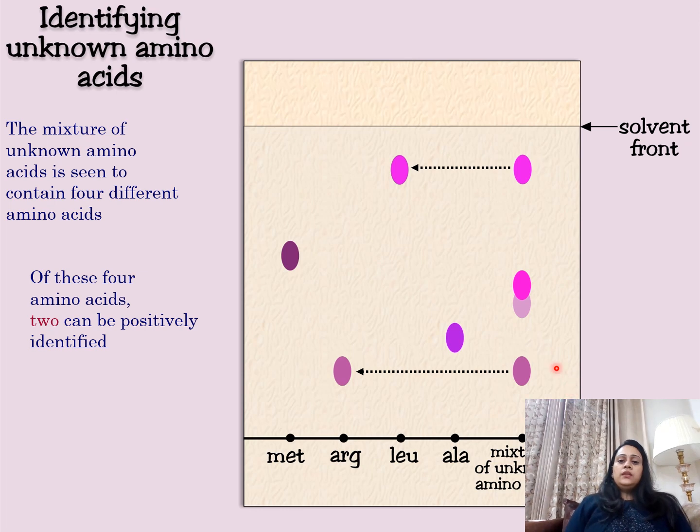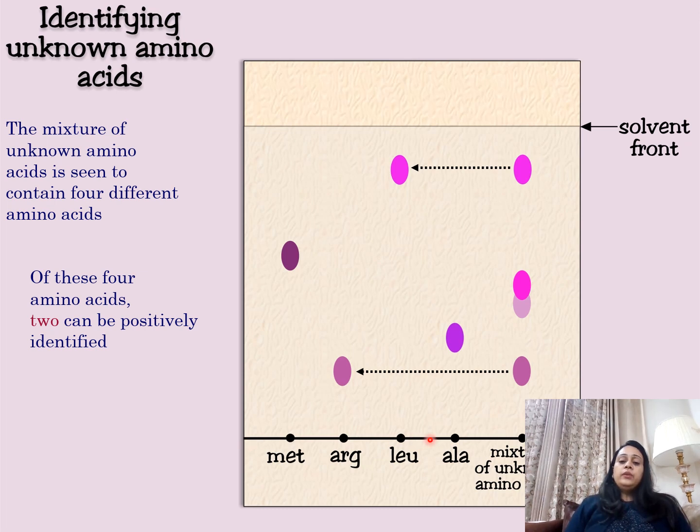You can see that this spot corresponds to this because it is the same in color and the same in distance traveled, so this is definitely arginine. And in this case also it is definitely leucine. So out of these four unknown amino acids, I am able to detect only two because I have run only four as standards.